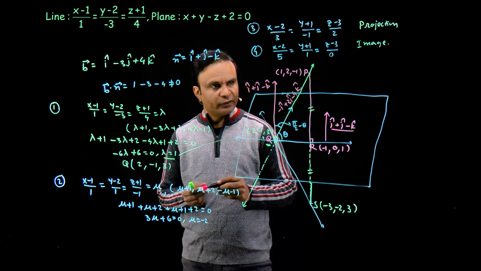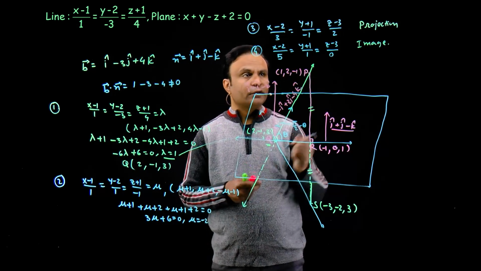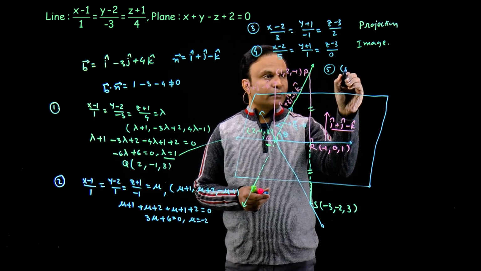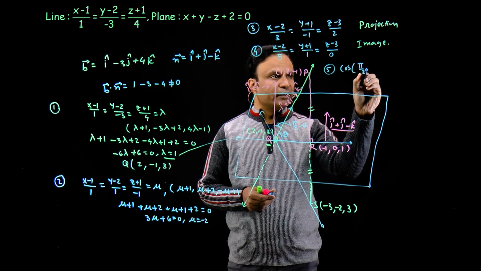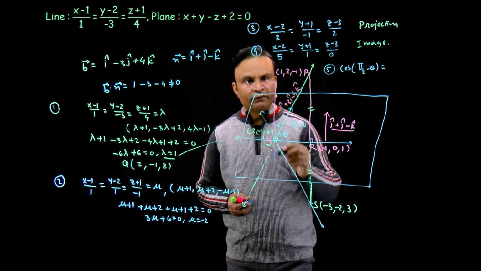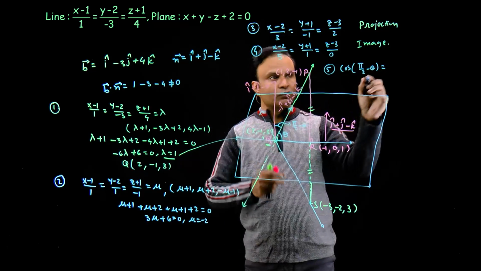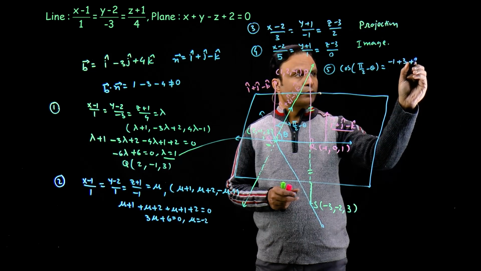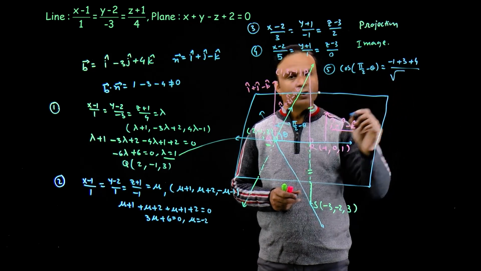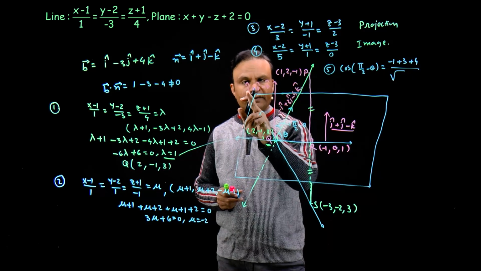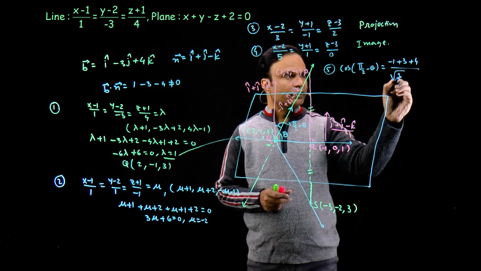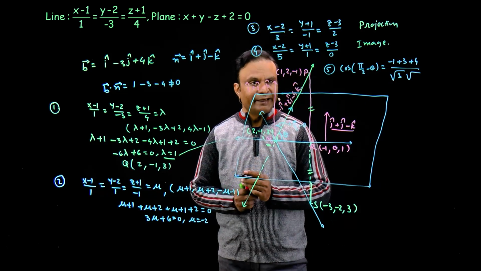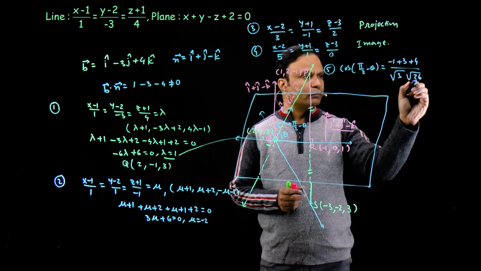Now this angle is pi by 2 minus theta. So we now have element number 5, angle between plane and line. Here we have cos(pi by 2 minus theta), which is equal to the dot product of these 2 vectors, that is minus 1 plus 3 plus 4, upon square root of 1 plus 1 plus 1, so here we have root 3, and square root of 1 plus 9 plus 16, root 26.